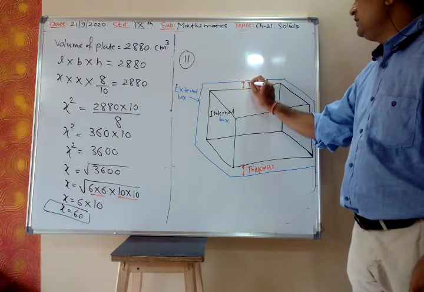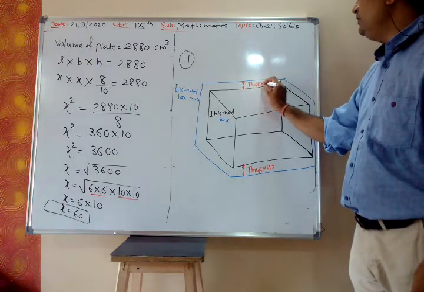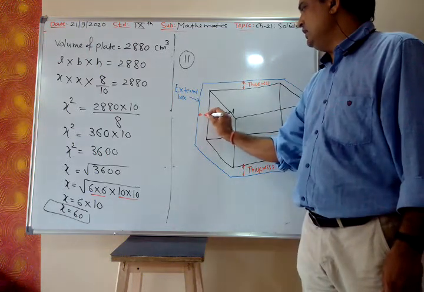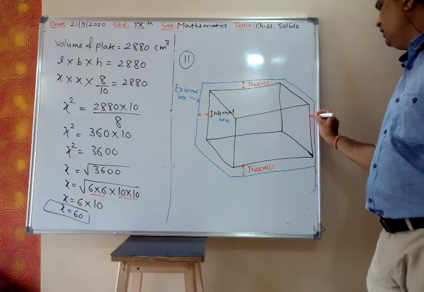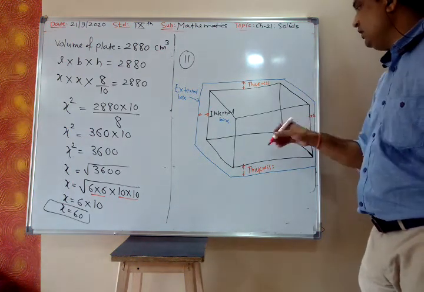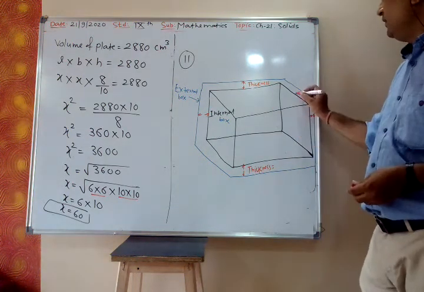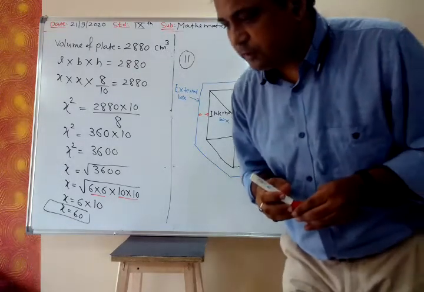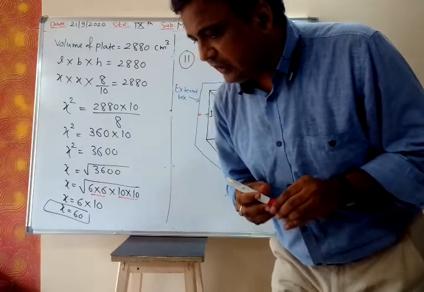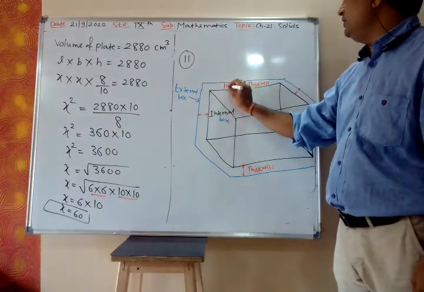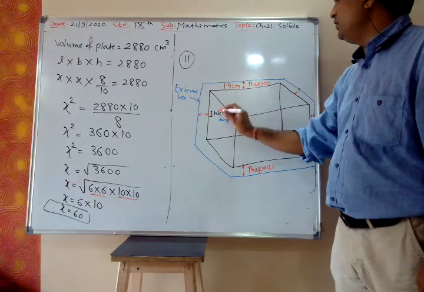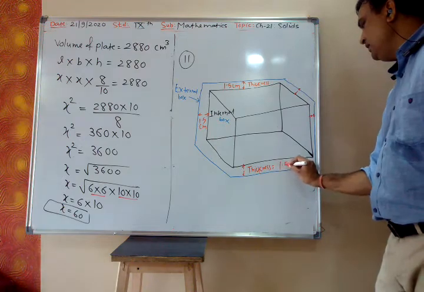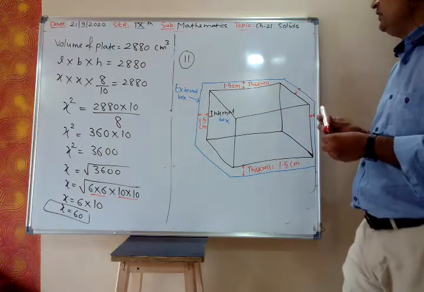This is my thickness, and this will be from all sides. Not just four sides, from all six sides there will be thickness. How much thickness? 1.5 centimeter thickness from all six sides.